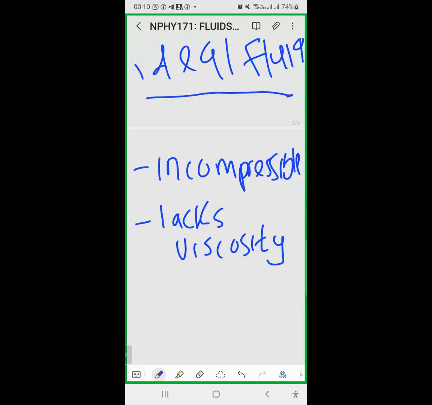Therefore, a material that has a higher viscosity is less likely to be classified as an ideal fluid.